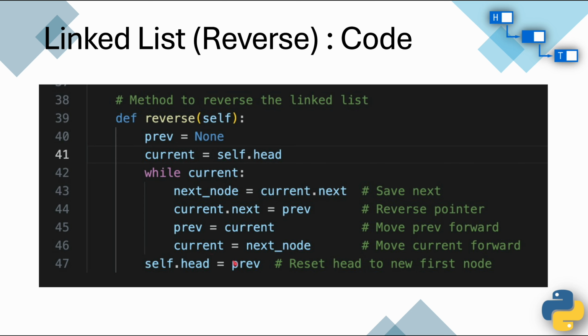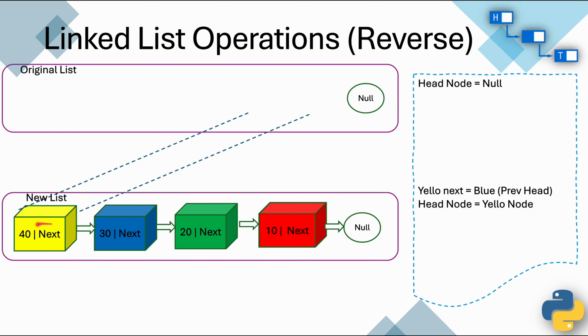Do the same operations again and again until current becomes None. Once all the iterations are completed, if your linked list has 4 elements, you do this loop 4 times and exit, then self.head is previous, which is nothing but this yellow node. Okay, so that's all.